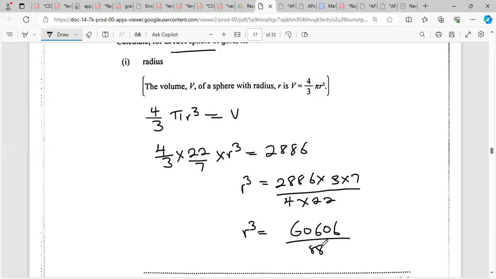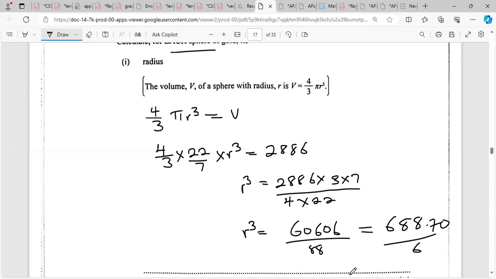So now we divide by 88. 60606 divided by 88 gives me 688.70. Alright, because of 6 of them, we divide it by 6.